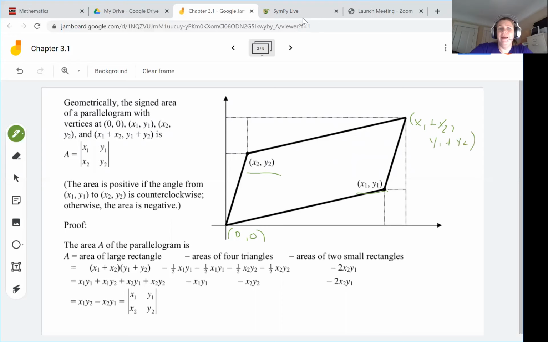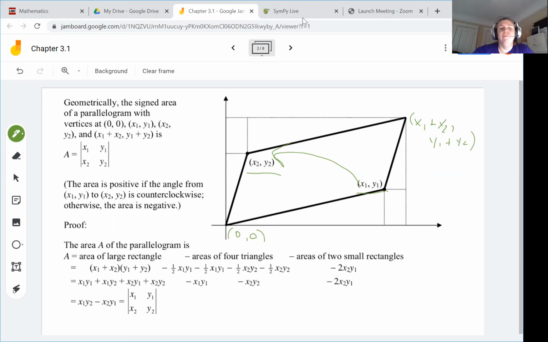So we can think about the area in here as the determinant. The area is positive if this angle from x1, y1 to x2, y2 is counterclockwise, meaning we go in this direction. If you go in the other direction, you get a negative area calculation. You can visualize the determinant that way.